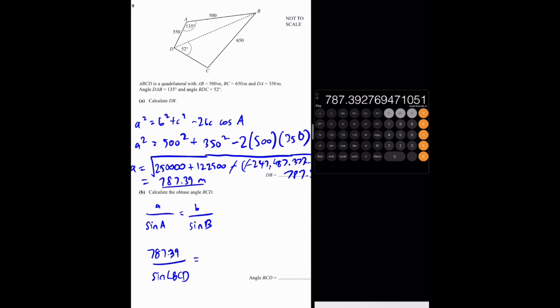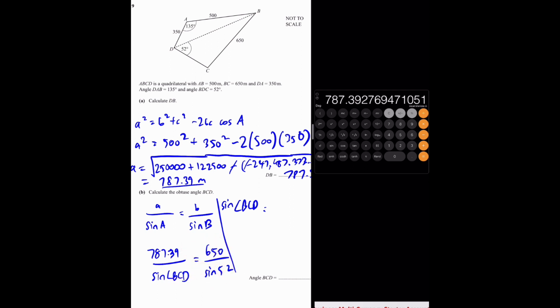Angle BCD is equal to B, which is 650, over sine 52, the opposite angle, which is this angle over here, this side. Now we can find the sine of angle BCD, and that will be 77.39 times sine 52 divided by 650, if we flip this fraction and bring this to the other side.